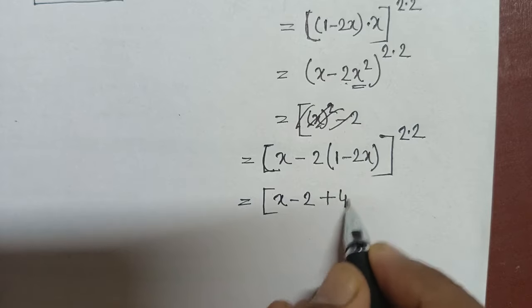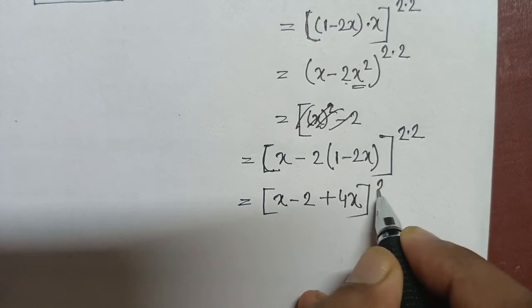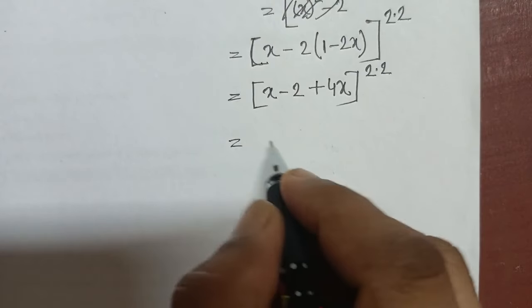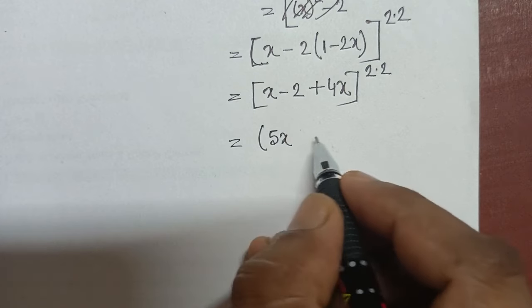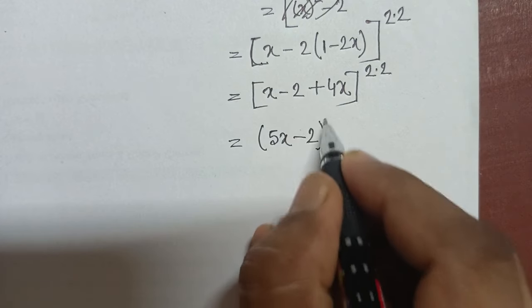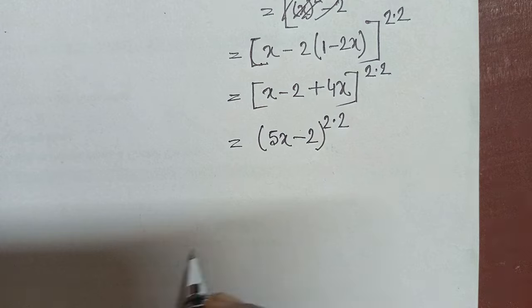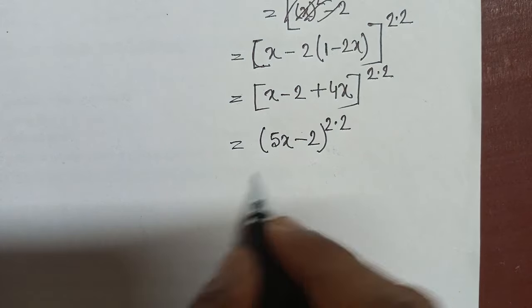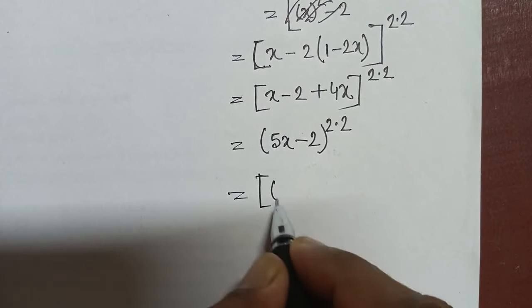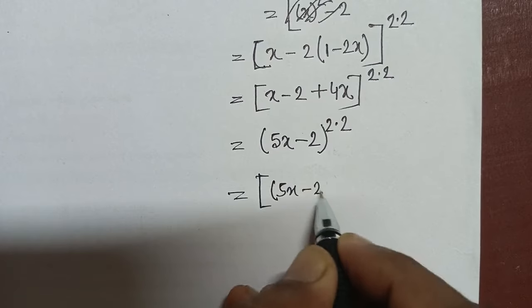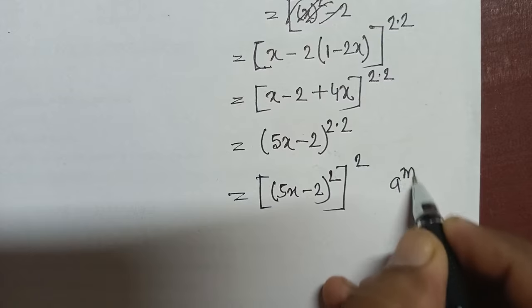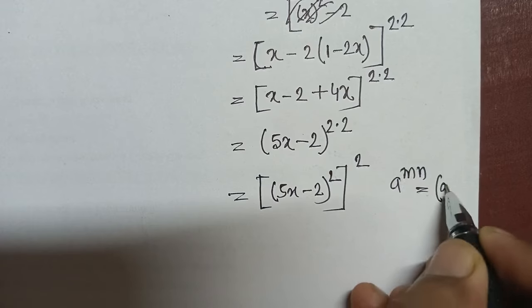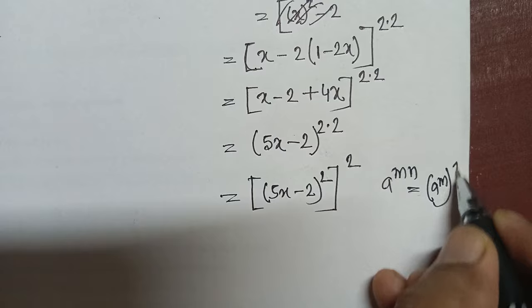Now we get 1 − 2x plus 4x, to the power 2·2. So here we get (5x − 2) to the power 2·2. Now we can write this as (5x − 2)². We know a^(mn) = (a^m)^n.